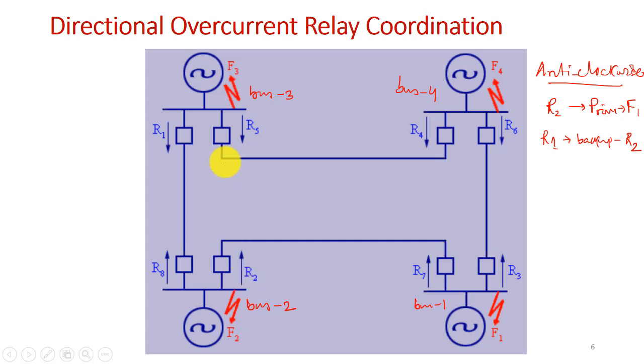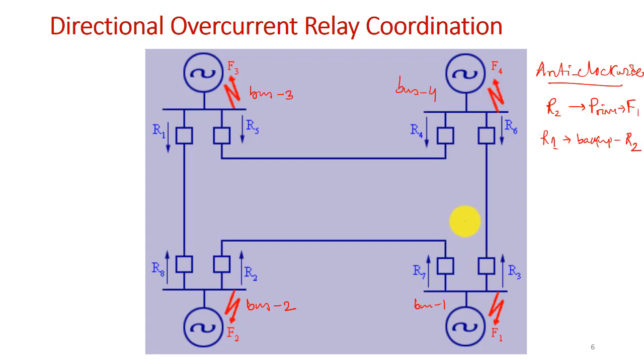Similarly for fault F3, R8 will act as primary protection, and to R8, R7 will act as the backup protection. Similarly for F2, R7 will act as the primary protection, and R6 will act as the backup protection to R7. So this is in clockwise direction, right?